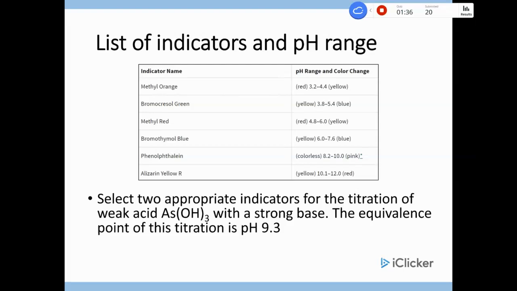Yep. Yeah, you want the pH range for the color change to overlap with the pH of the equivalence point. You tell me?